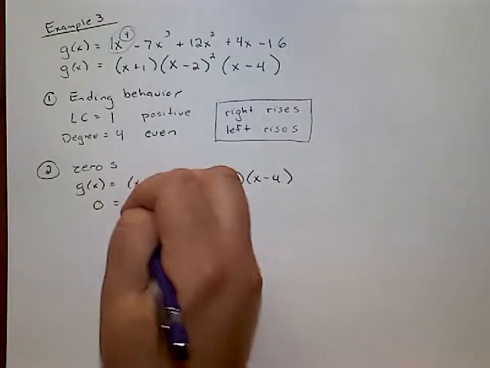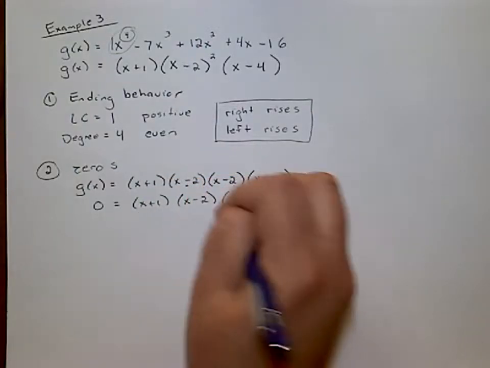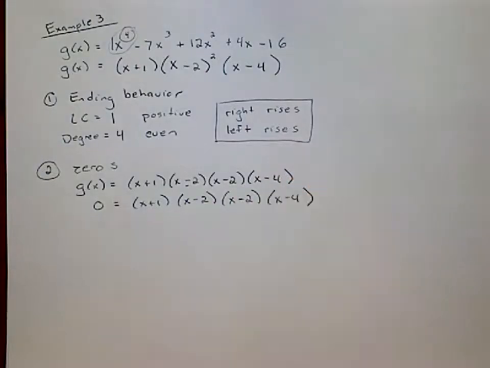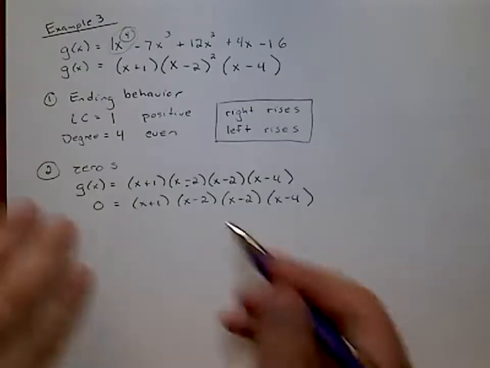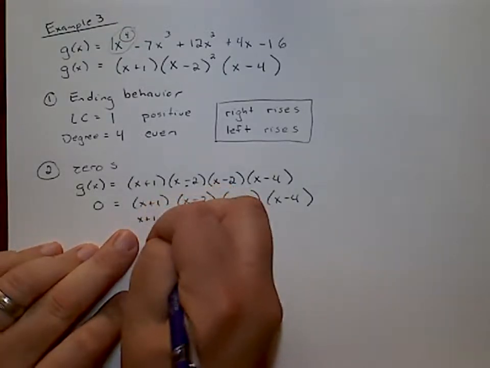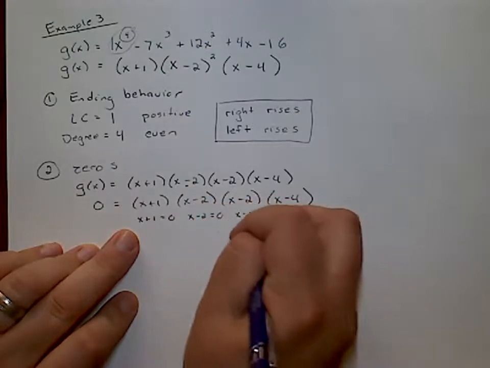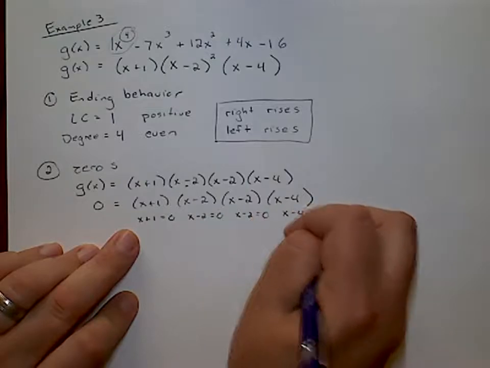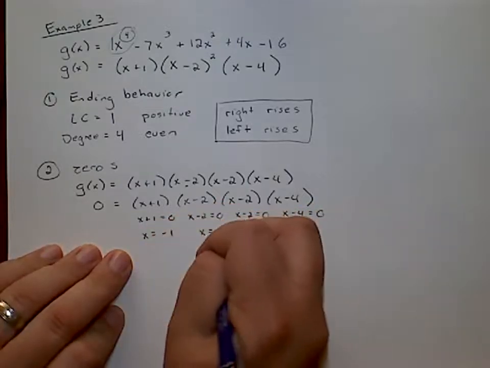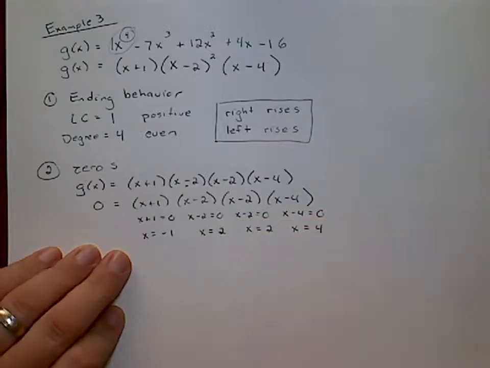So 0 equals x plus 1, x minus 2 times x minus 2 times x minus 4. Then we're going to take each of these binomials and set those equal to 0. This is the zero product property. So x equals -1, x equals 2, x equals 2, and x equals 4.